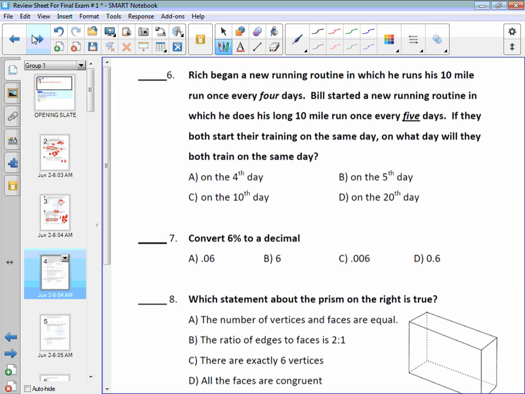Okay, number 6. It's an LCM question. Did you realize that? When the numbers are small, 4 and 5, what I would do, count by 4s, count by 5s, first match you come to is your answer.